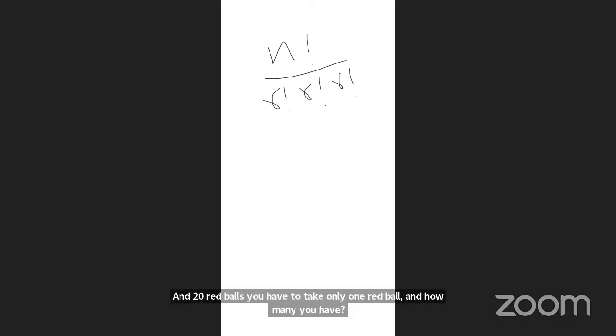Find the probability of drawing a red ball from a bag containing 10 yellow and 20 red balls. You have to take only one red ball. The total number of balls is 10 plus 20, which is 30.